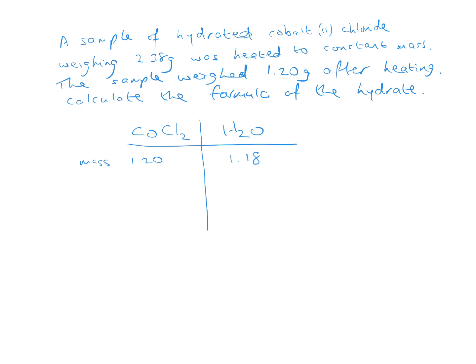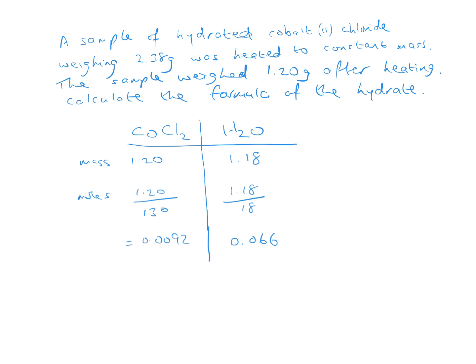So those were masses. Then moles will be 1.20 over the MR of cobalt chloride, 130, and that equals 0.0092. Do the same thing for the water, 1.18 over the MR, which is 18, and that's 0.066.